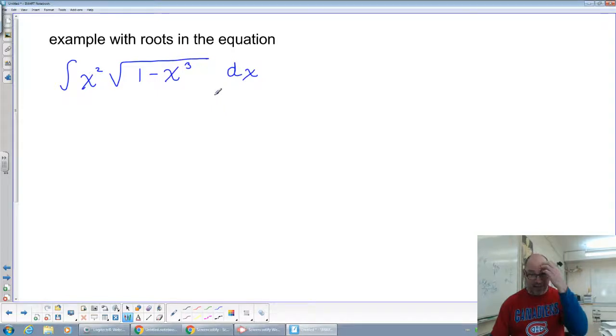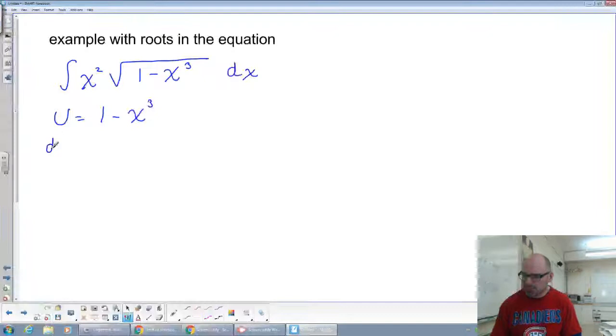Okay, and we're going to follow the same process that we had before. We're going to just use this as our bracketed term. So u is going to be 1 minus x cubed.